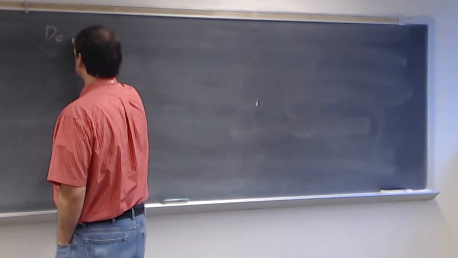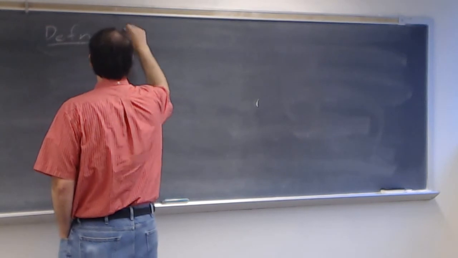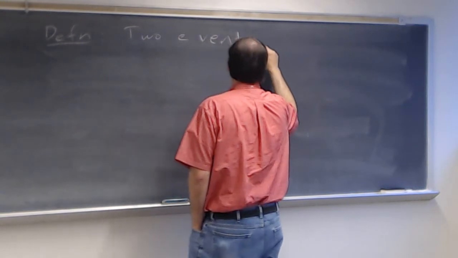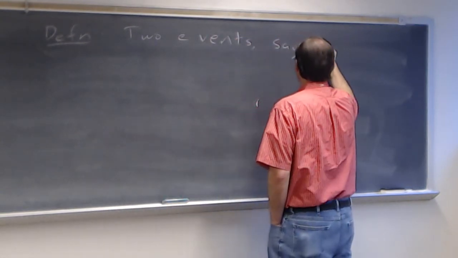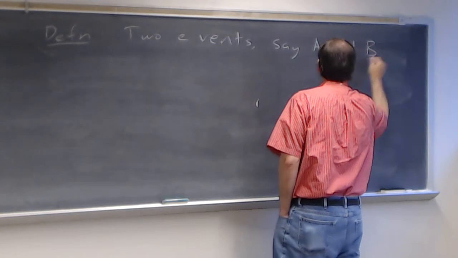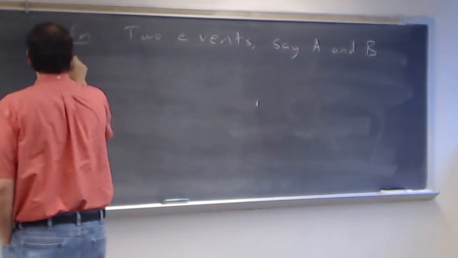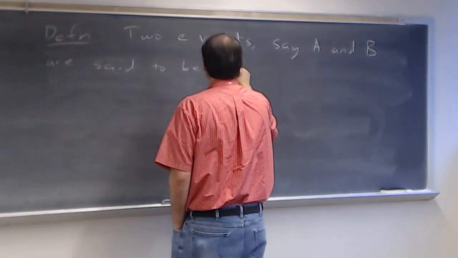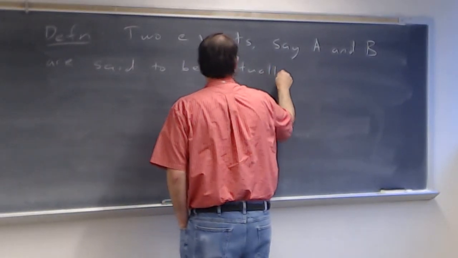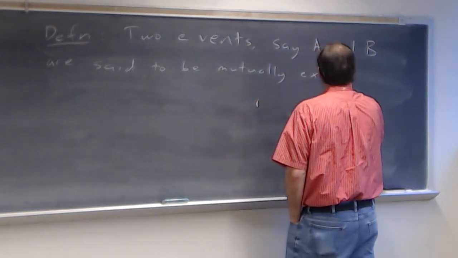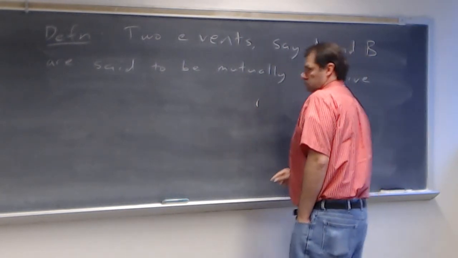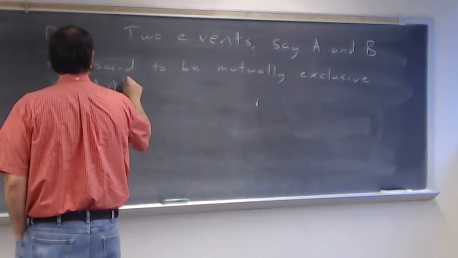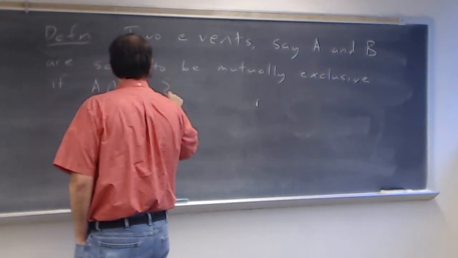Another definition is two events, say A and B, are said to be mutually exclusive if A intersect B equals the empty set.